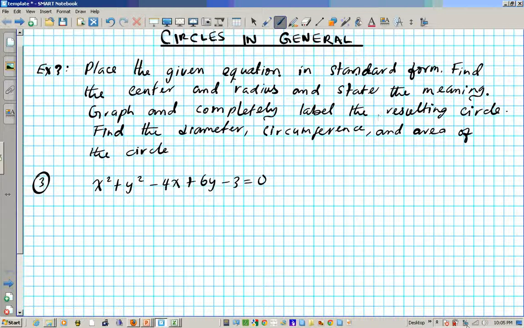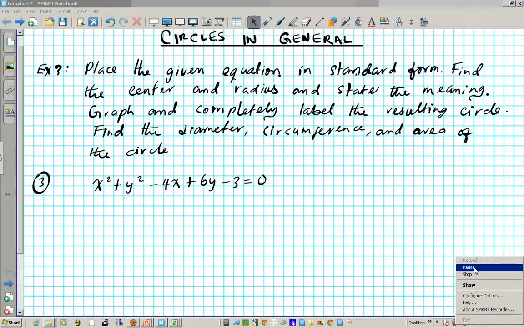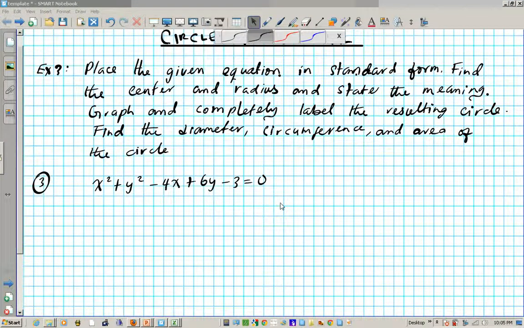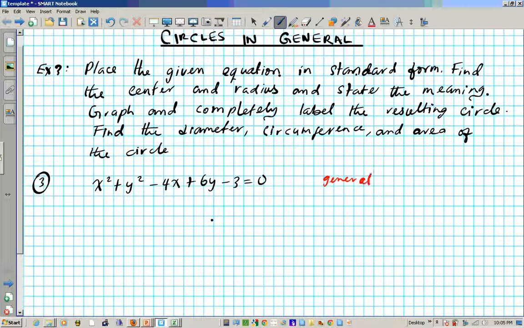Okay, so in order to place this equation in standard form, this is the general form, we're going to have to do something called completing the square. So we want to put it in standard form, so we're going to complete the square.